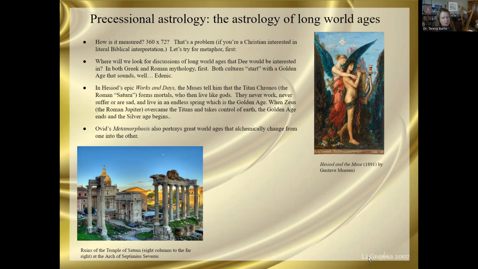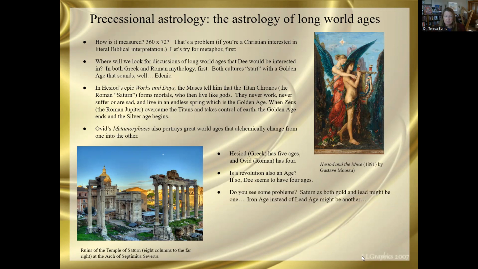That's in the lower corner there, the ruins of the Temple of Saturn, which are the 8 columns to the far right, and the Arch of Septimius Severus. So Hesiod has 5 ages, Ovid has 4.